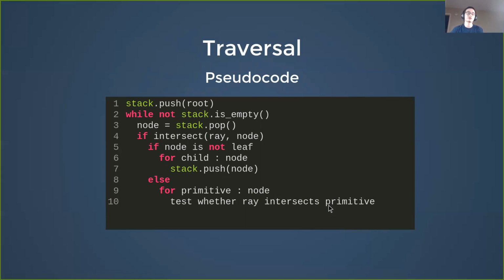This pseudocode is also stack-based instead of using recursion, but the general idea is that at each node, if our ray intersects with the bounding box of this node, and if this node is an interior node, then we just deal with all the children. Sorry, this should be push child instead of push node. And otherwise we test whether the ray intersects with the primitive.